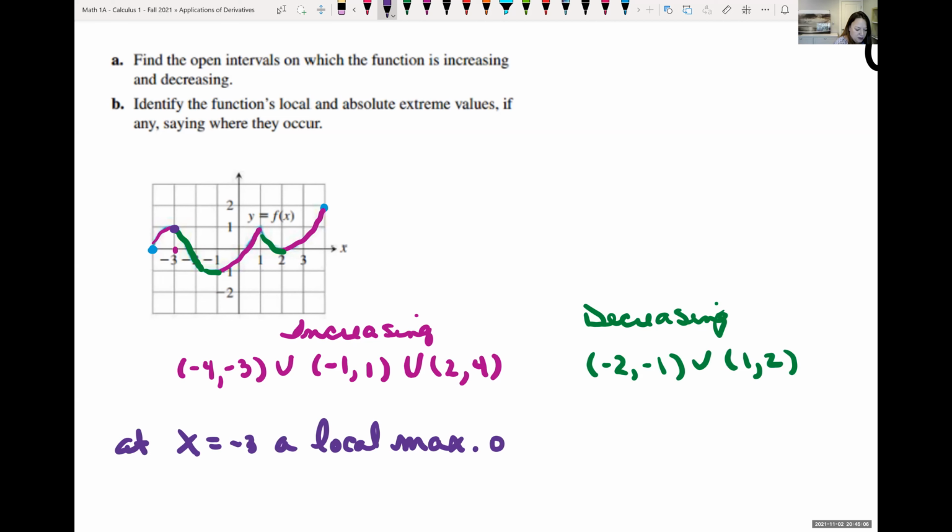And remember, the maximum value or the minimum value is the y value. So at x equals -3, a local max occurs and the value is 1. We also have this point here at x equals 1. Again, a local max occurs at x equals 1, and the value is 1.